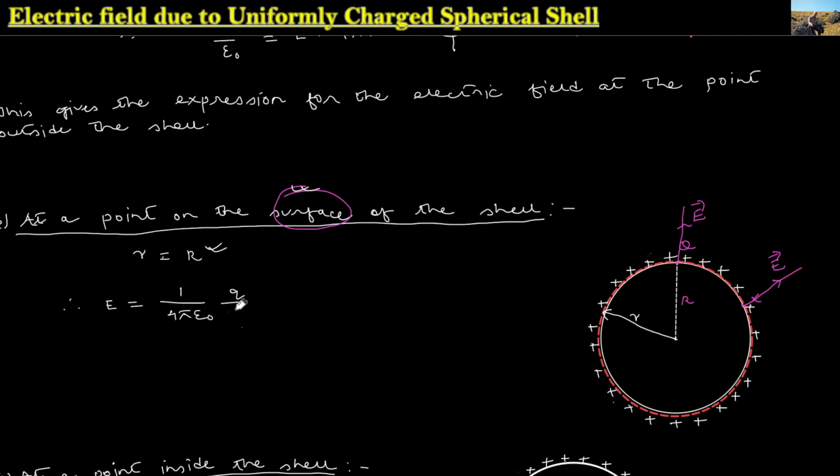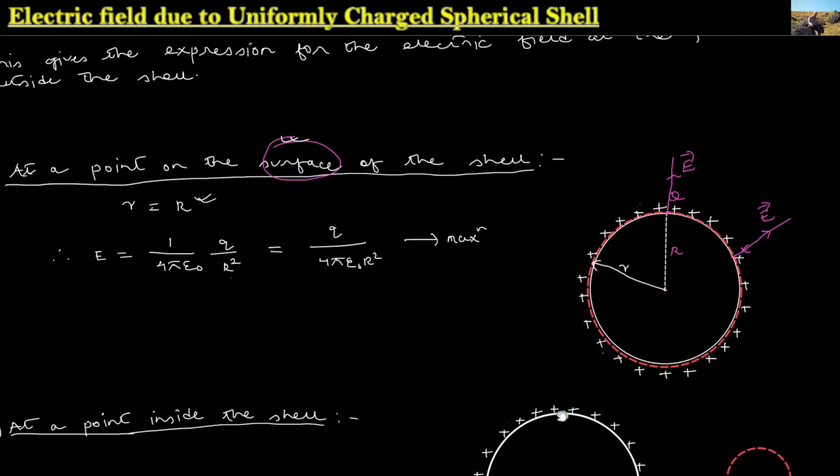So we can write this in a simplified manner as 1 by 4 pi epsilon naught, Q divided by R square. This is the case for which the electric field will be maximum.